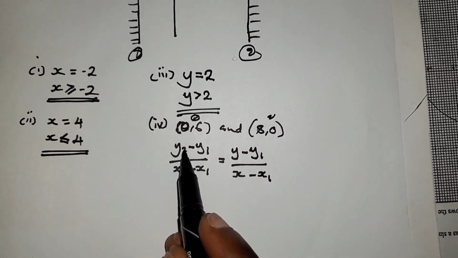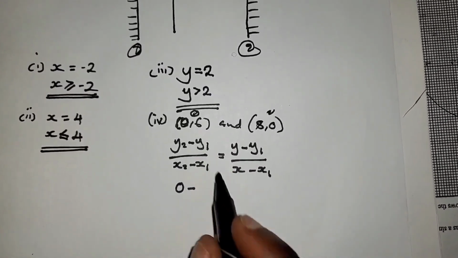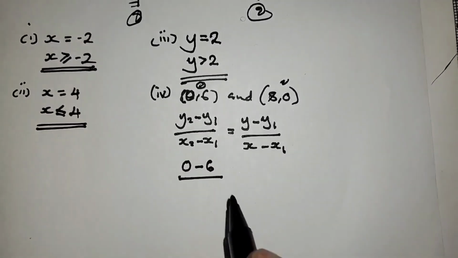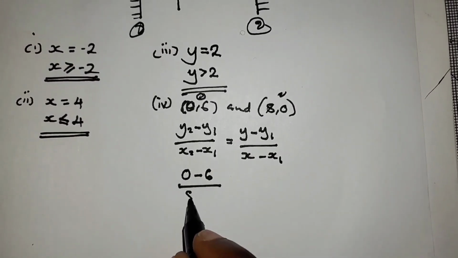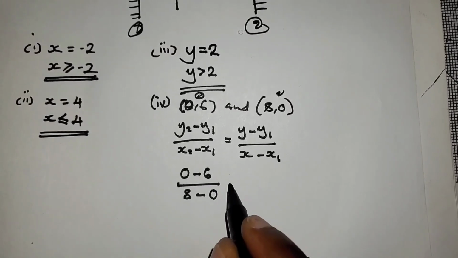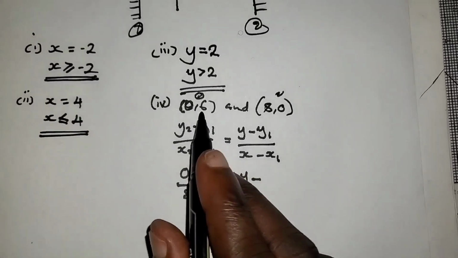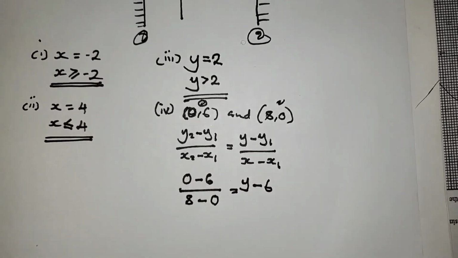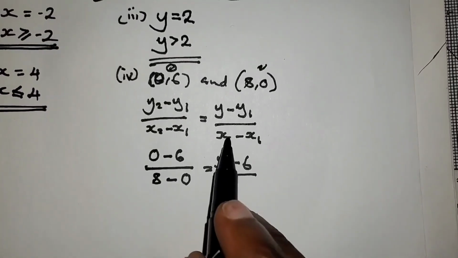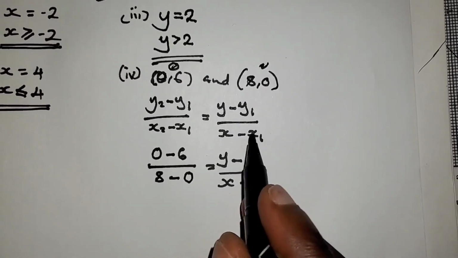So y2 will be 0 minus y1, 6, over x2, 8, minus x1, 0, is equal to y minus y1, which is 6, over x, minus x1, which is 0.